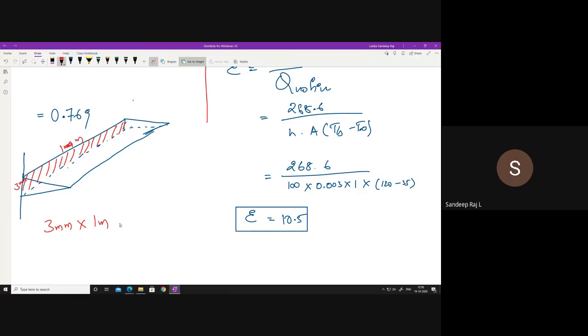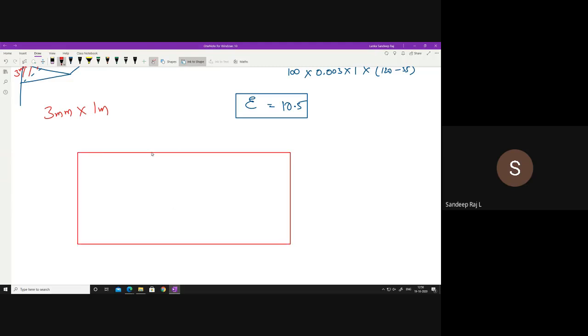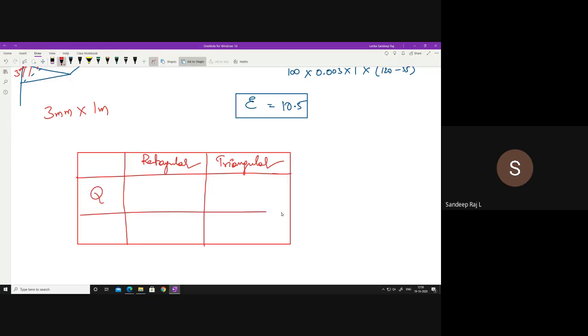Now, let us discuss a little about this result, effectiveness and Q. First, you have a rectangular fin, and then you also have the triangular fin. These are the things, and then you have Q in both the cases, and you have effectiveness in both the cases. What is the Q that you have got in the first case? 296 point something. And then here, 299.